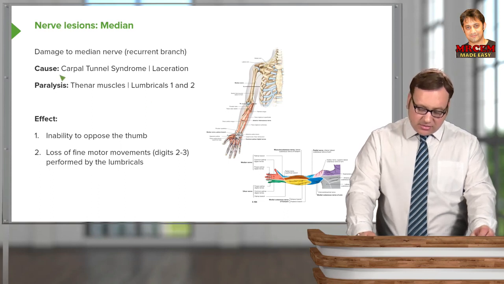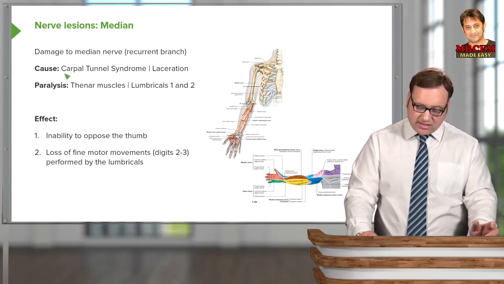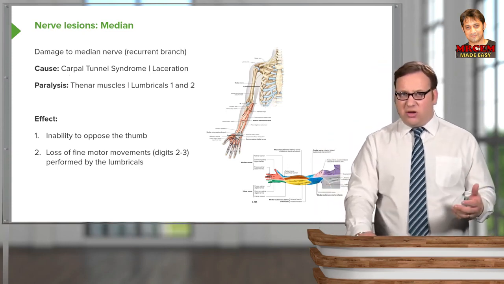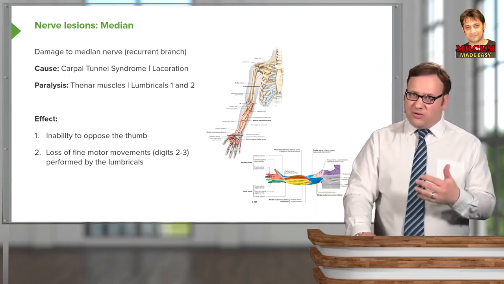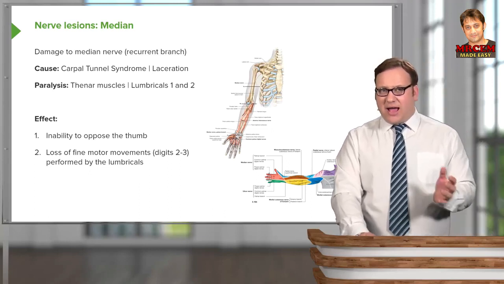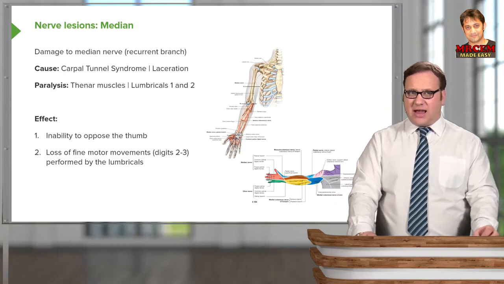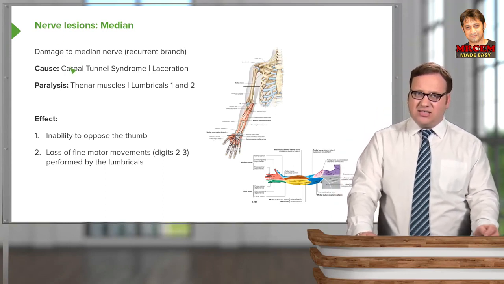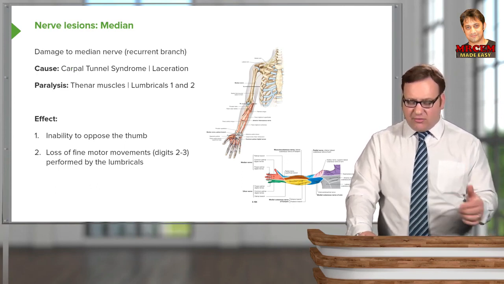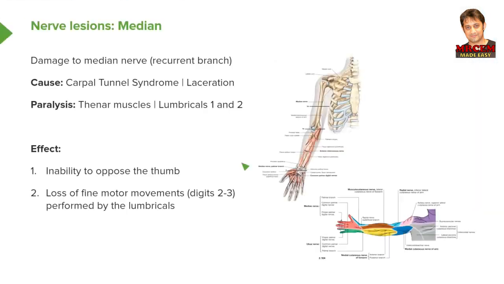However, as the nerve passes through the carpal tunnel, it can be due to carpal tunnel syndrome that you could have this problem, or if there's a laceration of your wrists, then perhaps the median nerve could be damaged. And this could lead to paralysis of the thenar muscles and lumbricals 1 and 2. So these are supplied by the recurrent branch of the median nerve that passes through the carpal tunnel and therefore is likely to be damaged.